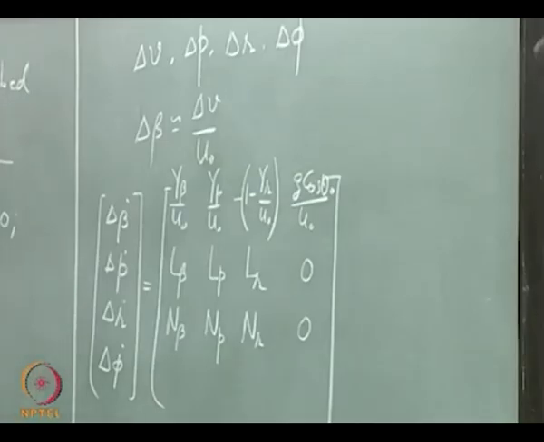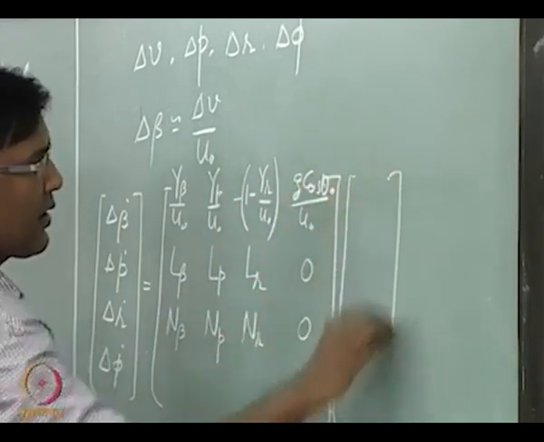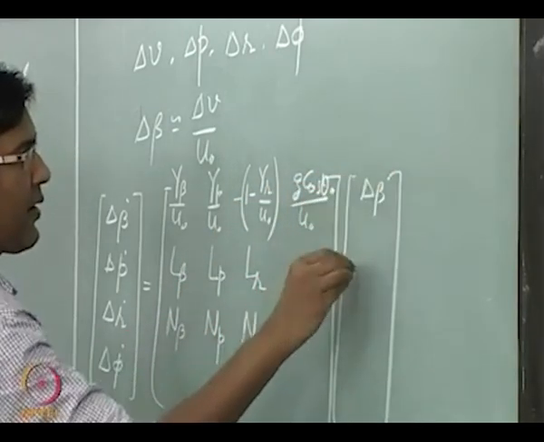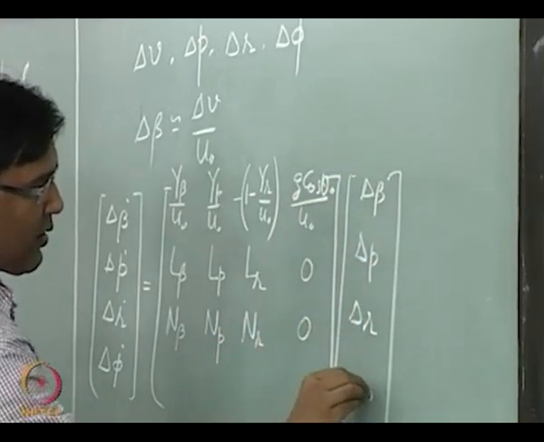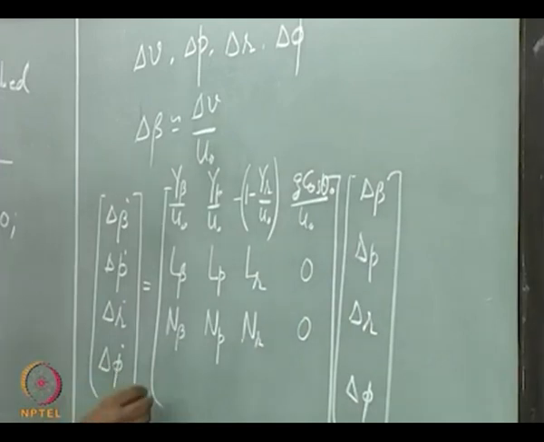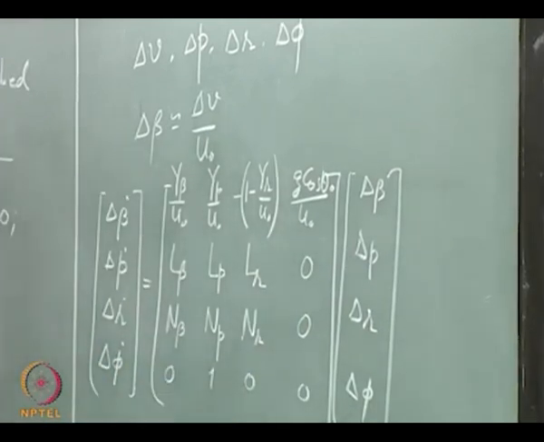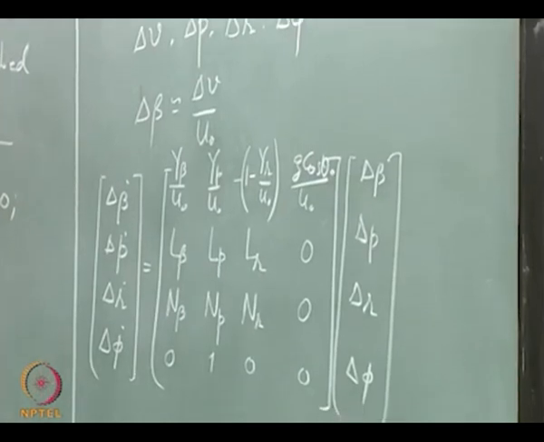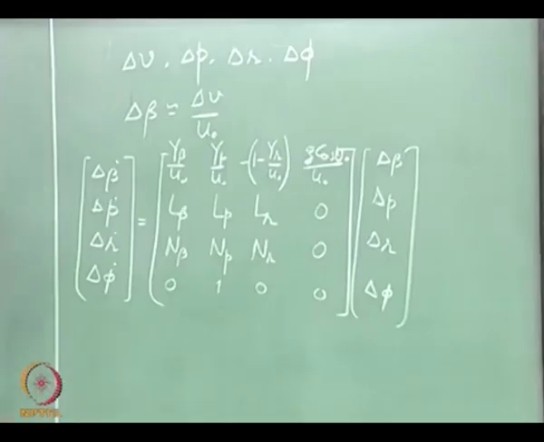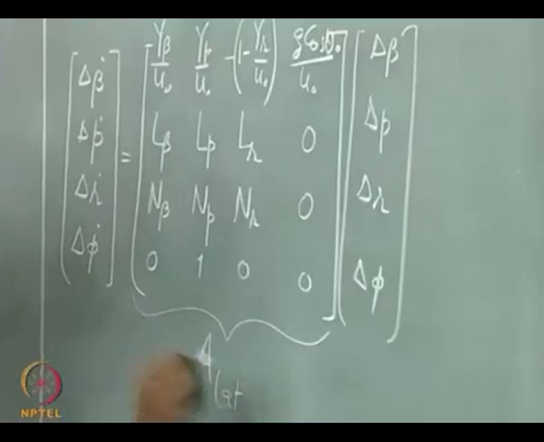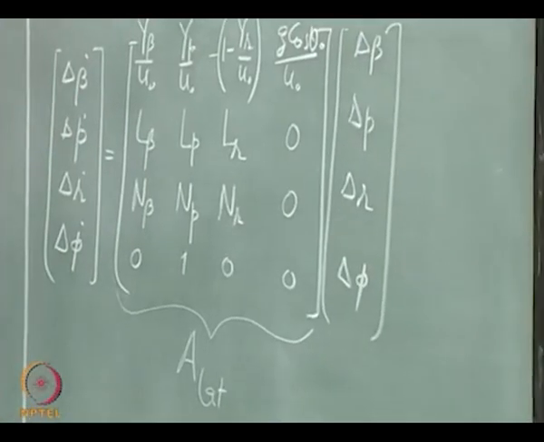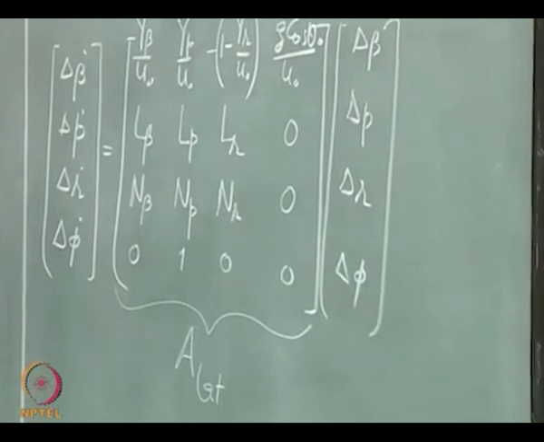We have done this derivation earlier. This is my A matrix for lateral directional perturbed motion.